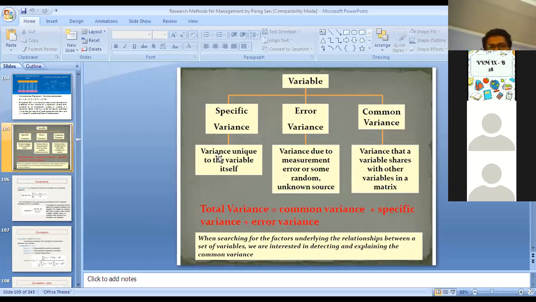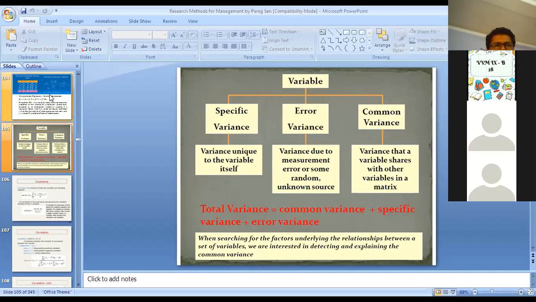Specific variance is variance unique to the variable itself. Error variance is due to measurement error or some random or unknown source. Common variance is variance that a variable shares with other variables in a matrix. So the total variance is given by common variance plus specific variance plus error variance.